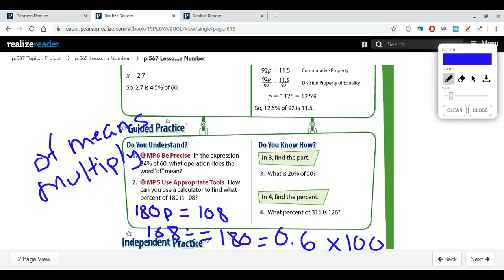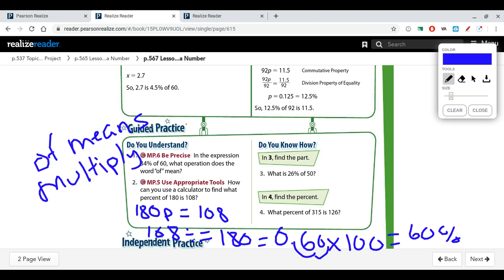What's nice is, if you're using a calculator, you can just multiply it by 100, or you know that I just need to move the decimal 2 places over. Now I end up with 60%. So my answer is going to be 60%. I divide 108 by 180 and get 6/10, multiply that by 100, and then I get 60%.